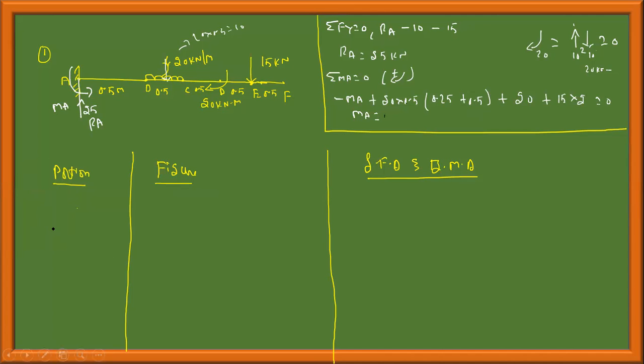Portion between x greater than or equal to 1 and less than or equal to 1.5. This is segment CD. In the figure this would look like this: A, B, C, and I'm taking the section somewhere in between, x3, x3.